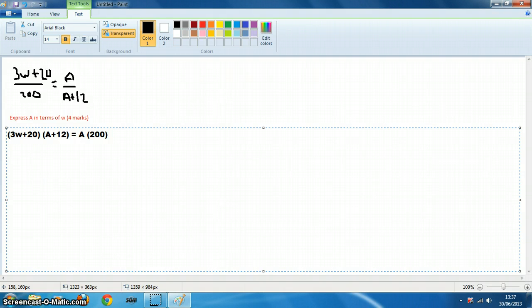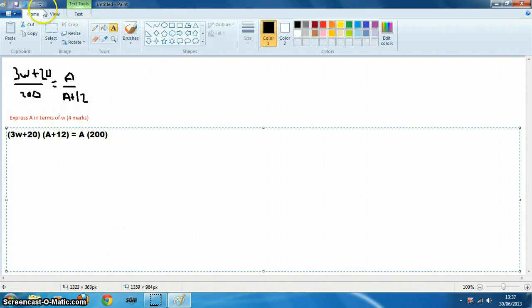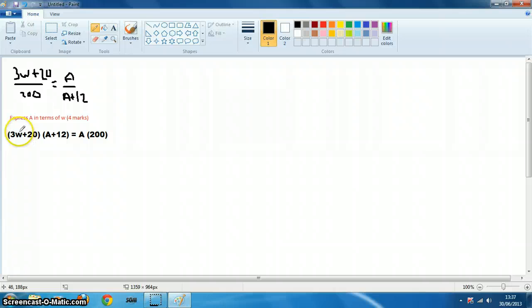What we then need to do is expand out the brackets. So 3W times A becomes 3WA. 3W times 12 becomes plus 36W.